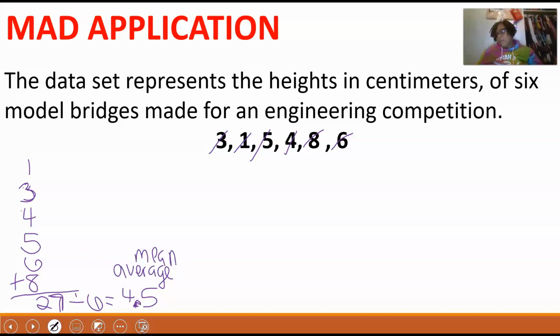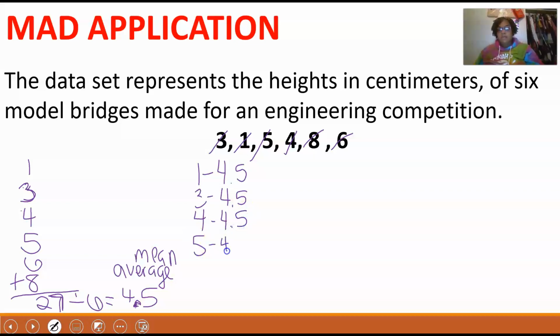Once you find the mean average, you're going to subtract the mean average from each of the data. So you take 1 minus 4.5, 3 minus 4.5, 4 minus 4.5, 5 minus 4.5, 6 minus 4.5, and then 8 minus 4.5.